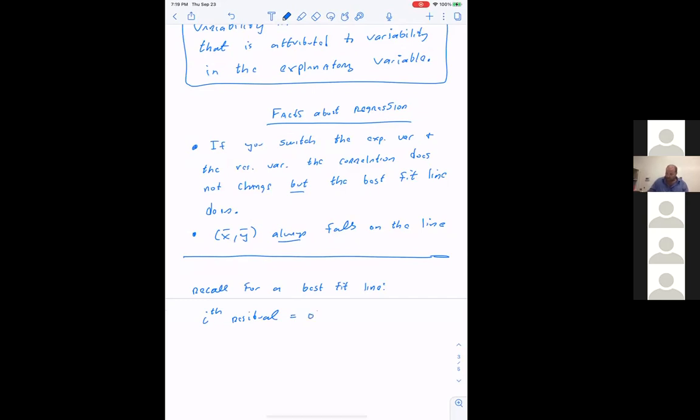Yes, it is the observed point minus the predicted point, or the observed value, I guess is better. Observed value minus the predicted value.